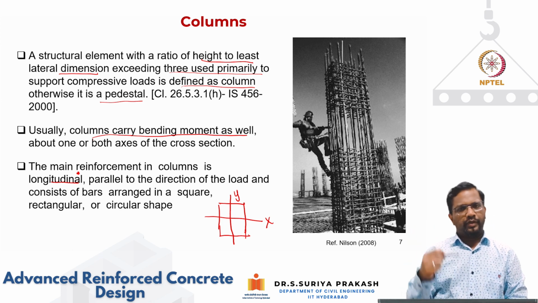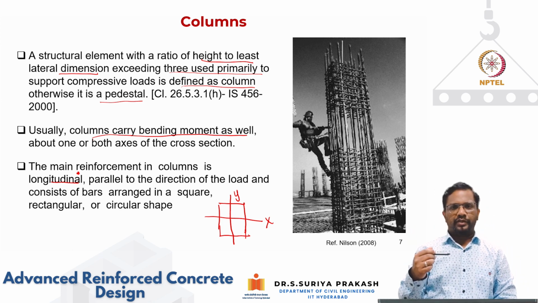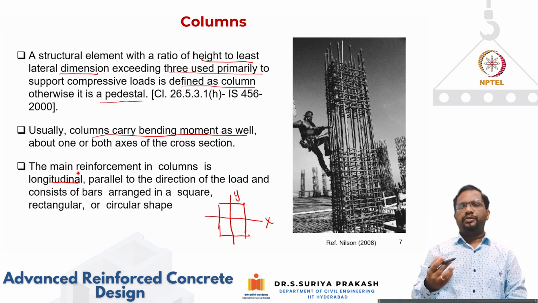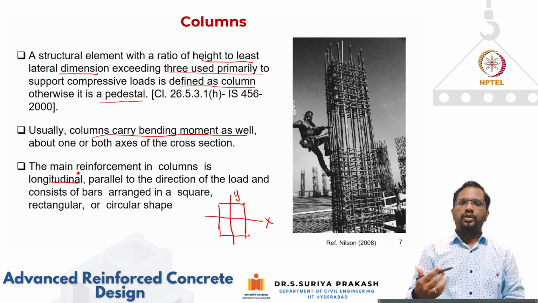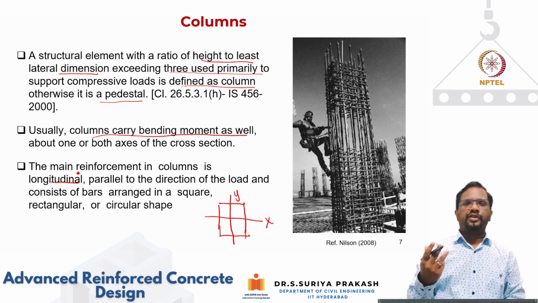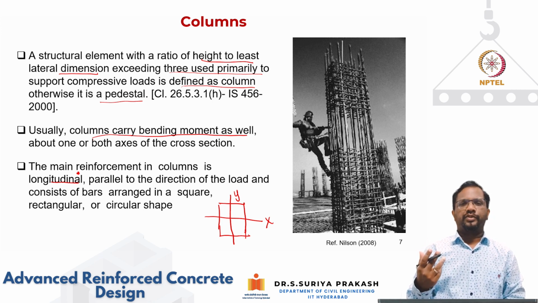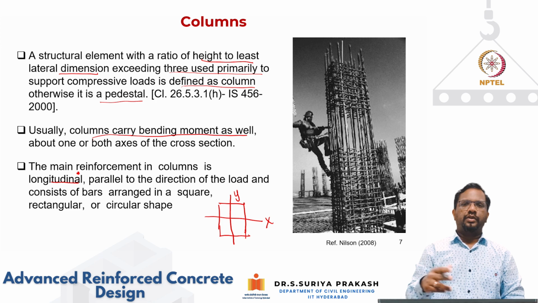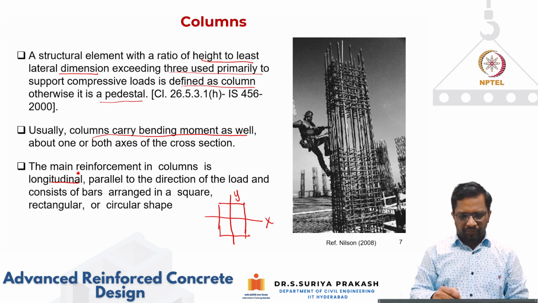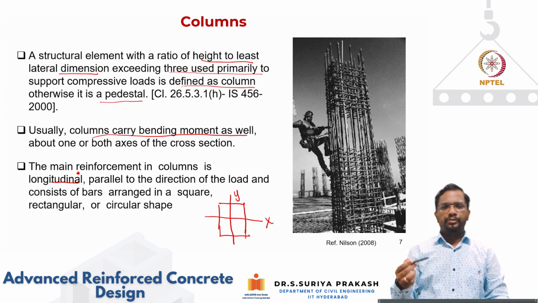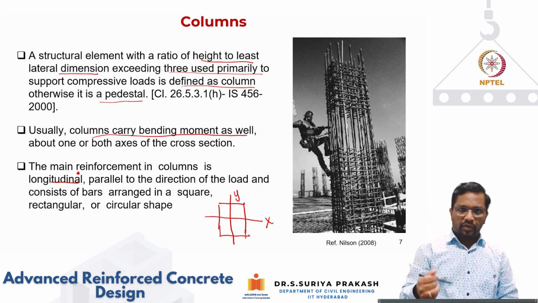We have also discussed in the chapter on axial behavior that for columns under pure axial compression, the major load contribution comes from concrete only, and steel we provide 2%, 3%, or max 4%. Generally we don't provide more than 4% of reinforcement in the columns. So the majority of the load resistance in pure compression comes from concrete.